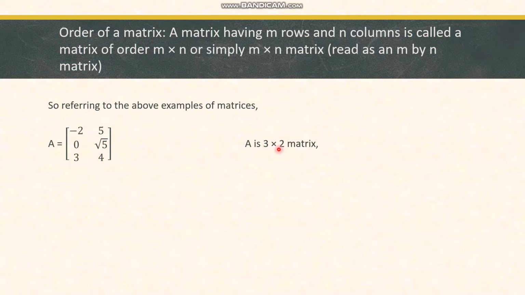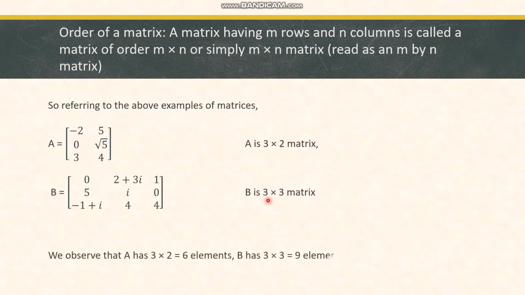So A is a 3 by 2 matrix. The second example has 3 rows and 3 columns, so this is a 3 by 3 matrix. So the number of rows and number of columns inside a matrix give us its order. And remember that the number of rows is always written first and the number of columns is written in the second position.